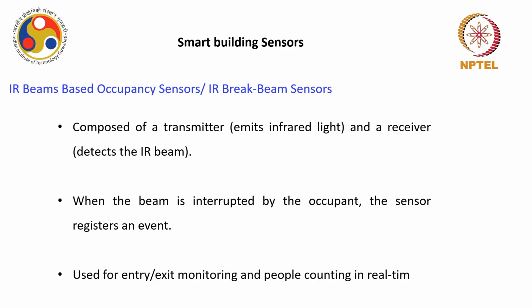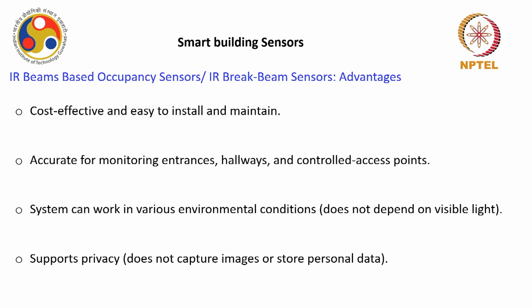The sensor is composed of a transmitter of infrared light and a receiver to detect the IR beam transmitted by the transmitter. When the beam is interrupted by the occupant, the sensor registers an event in the form of a count. They are used for entry-exit monitoring and people counting in real time.